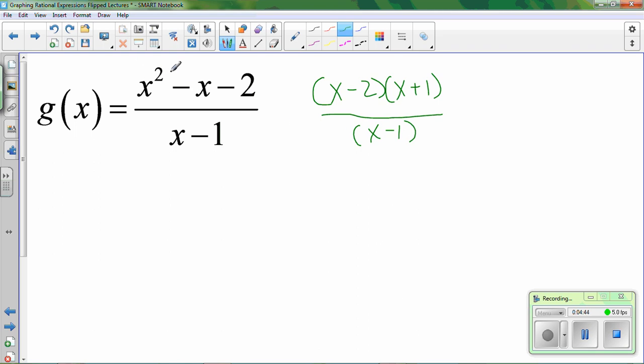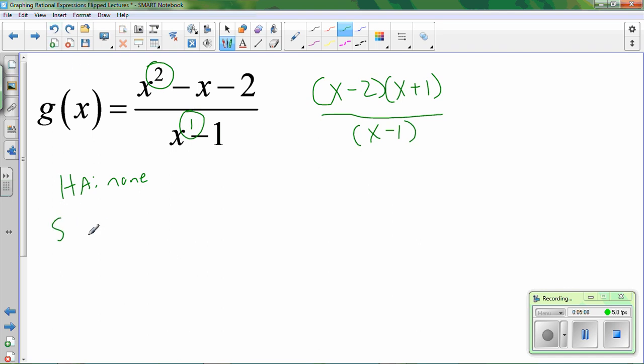You recognize that the exponent of the numerator is 2, and the exponent of the denominator is 1. That means for horizontal asymptote, there is none because this is a top-heavy expression. Top-heavy meaning the exponent of the top is larger than the bottom. Because it's exactly one higher, we will have a slant asymptote.